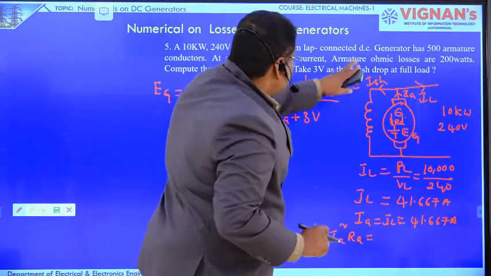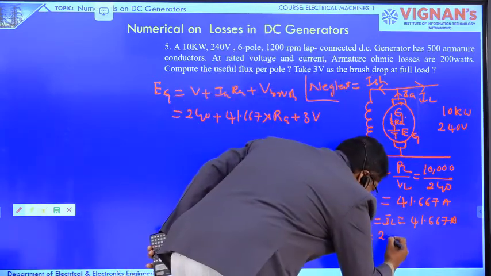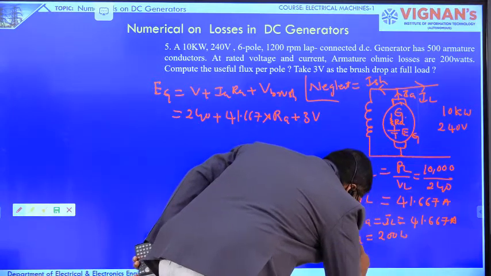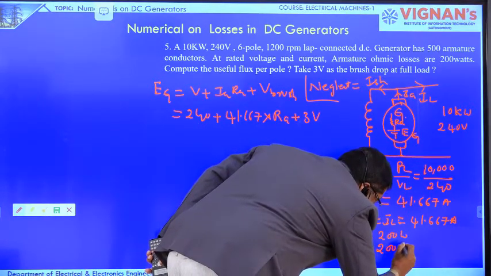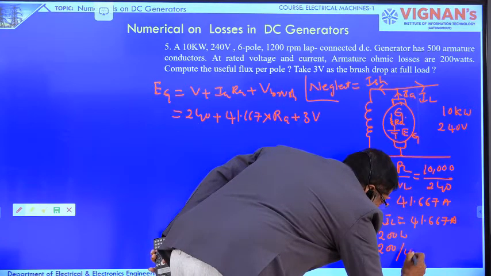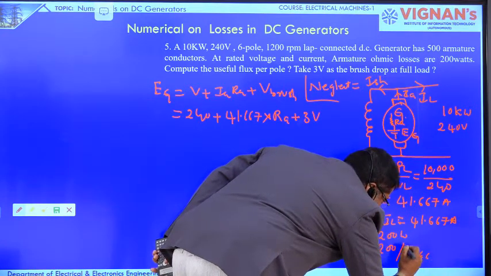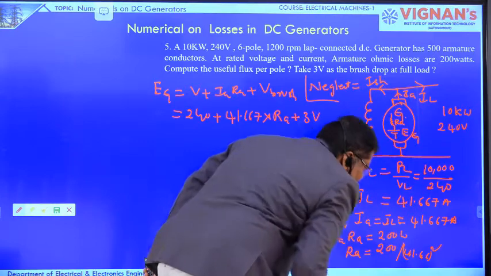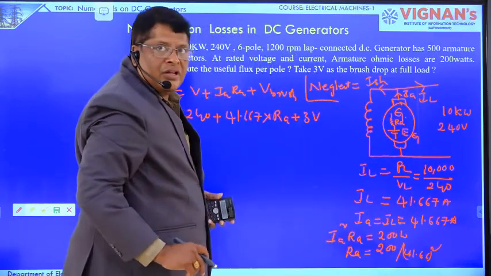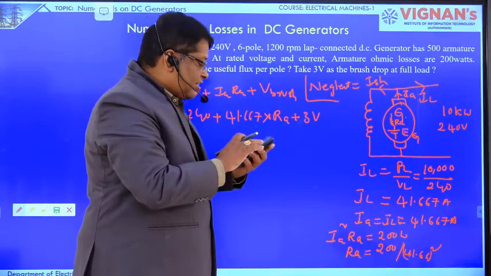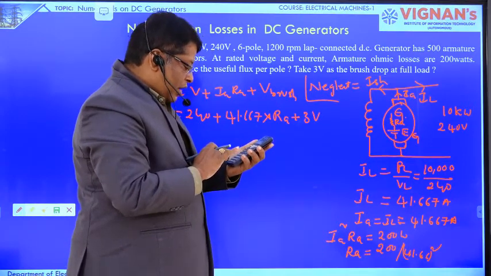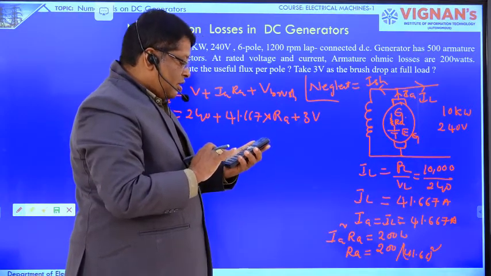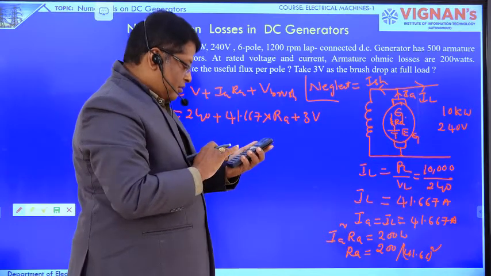Equal to 200 watts. It is given in the problem. So RA equal to 200 divided by 41.66. That value gives the armature resistance. So 200 divided by 41.66, again divided by what?